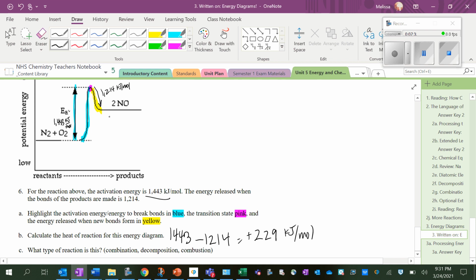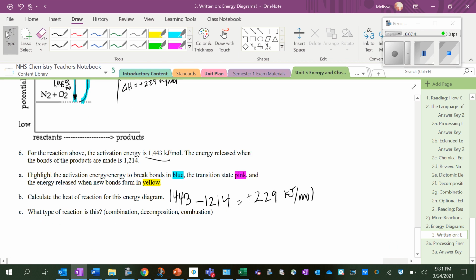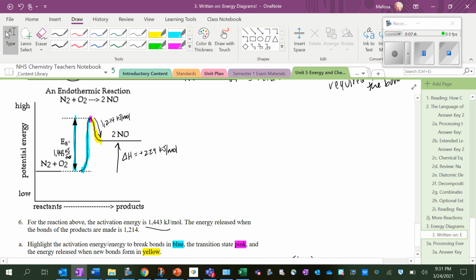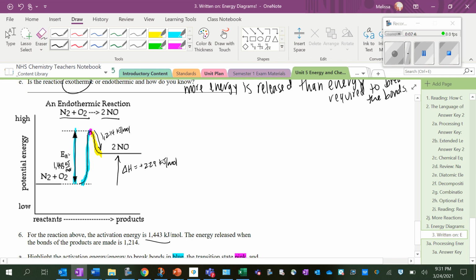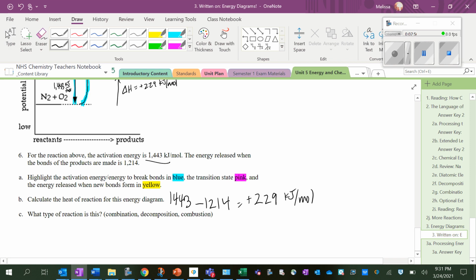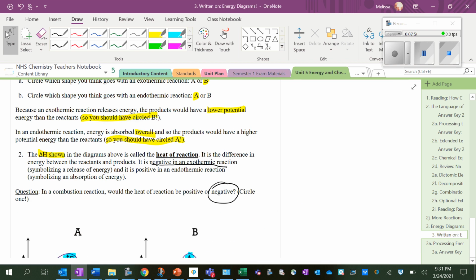So that would be the heat of reaction. The overall energy absorbed. And this would also be a combination reaction. Two things adding together to form one product. All right, there you go. A little introduction to energy diagrams.